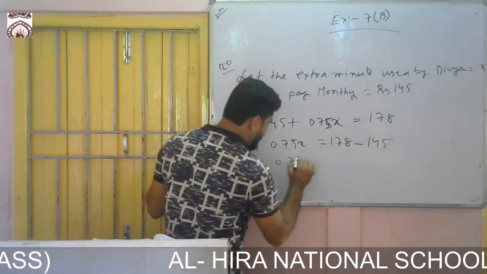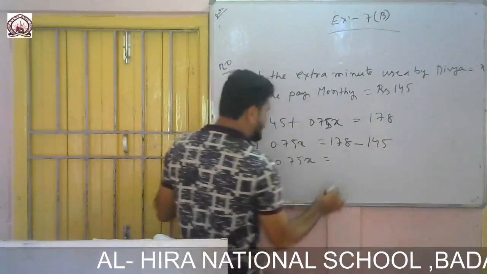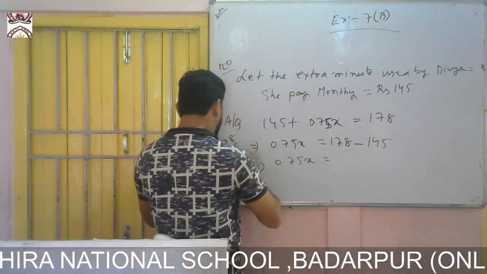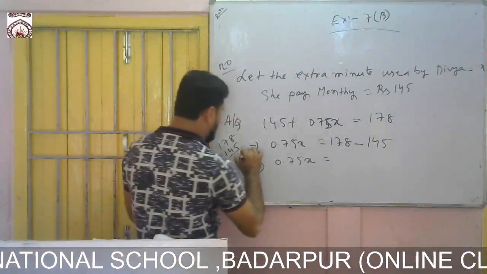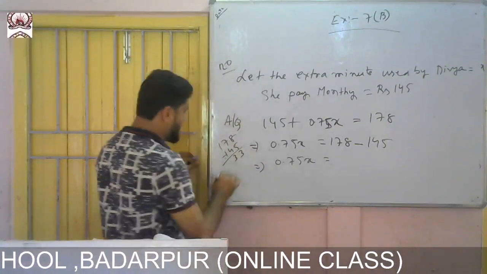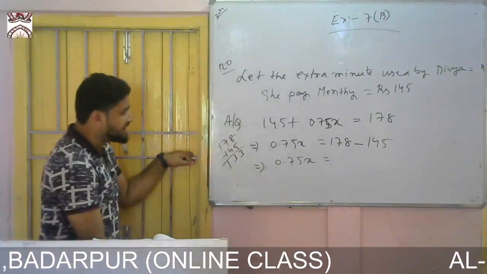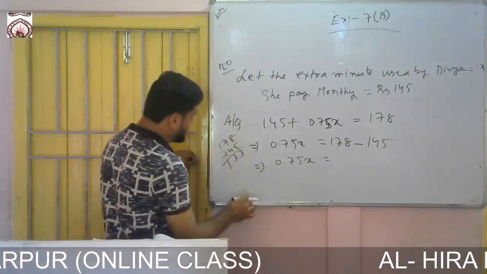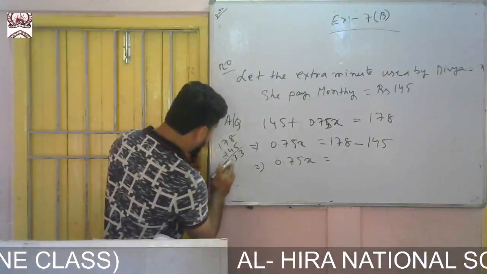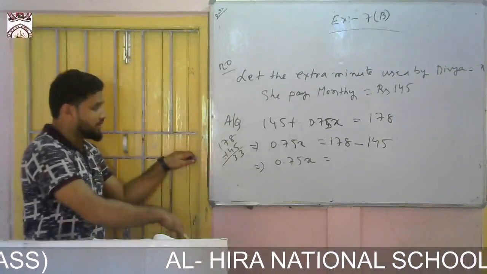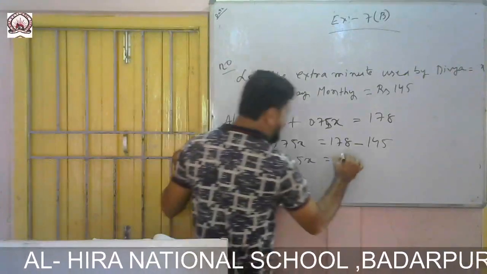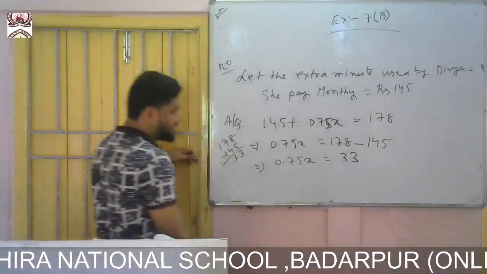Subtracting: 8 minus 5 is 3, 7 minus 4 is 3, 1 minus 1 is 0. So here we get 33.